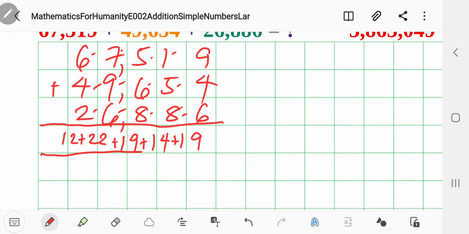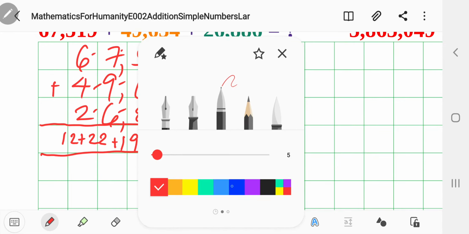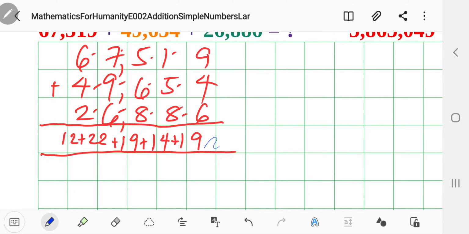Finally, you bring down the 9, you bring down the 4 plus 1 is equal to 5, 9 plus 1 is 10, so you cannot put two numbers in the box, so you have 0, and you have 1 here, and then you have 2 plus 1 is 3, 2 plus 1 is 3, and then 2 plus 2 is 4, and then you bring down 1.